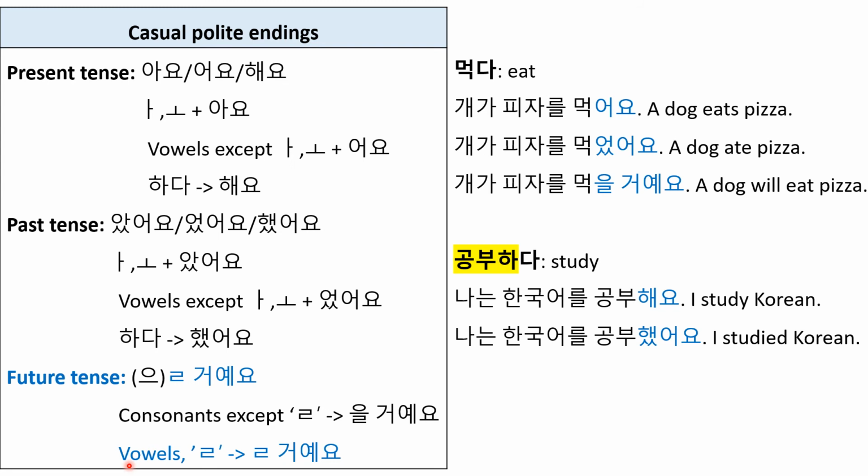So, 공부하다's ending should be changed into 리을 거예요. 공부하 plus 리을 거예요. 공부할 거예요. Will study. 나는 한국어를 공부할 거예요. I will study Korean.